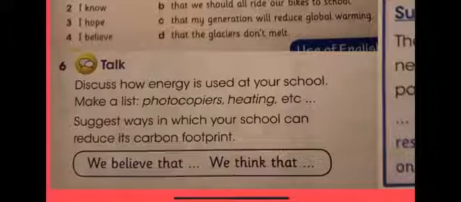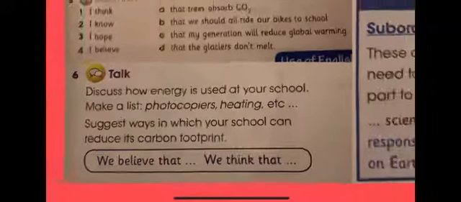How can your school reduce carbon footprint? Just write some suggestions. Fine. Your opinion. What do you think? What should the school do? So this is very interesting. So that's it on Learner's Book, page 39.